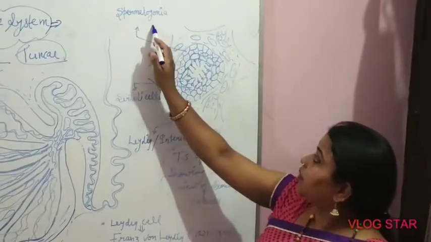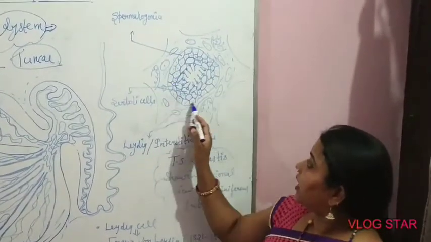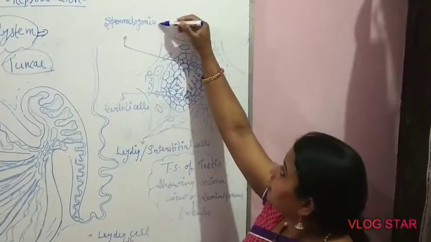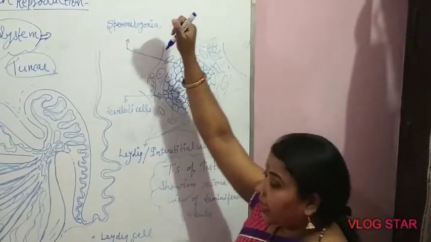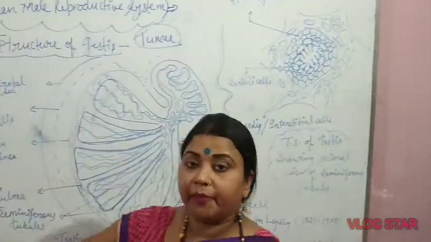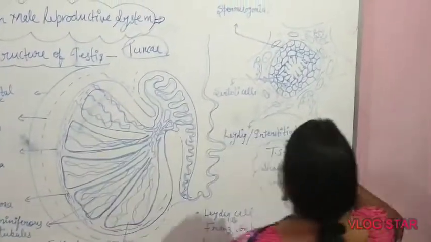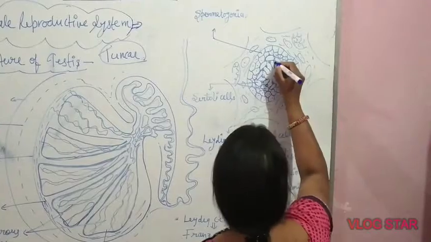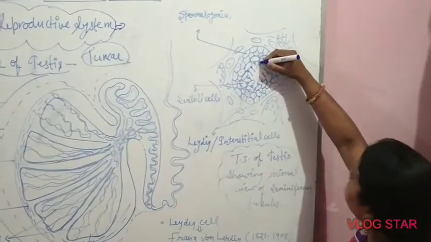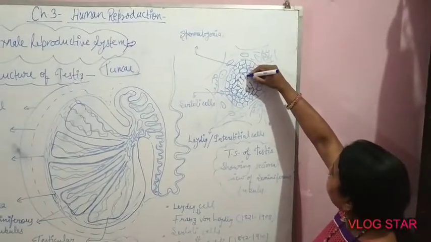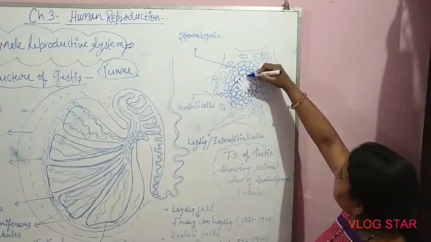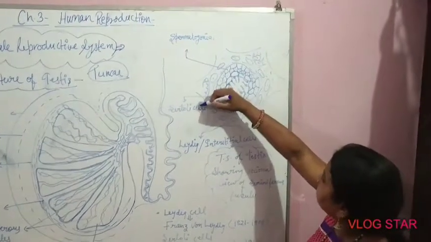Sertoli cells and spermatogonia are found inside the seminiferous tubule, and the spermatogonia, by meiotic division, produce sperms. They are called spermatozoa. These are the spermatozoa, the sperms, which are attached to the Sertoli cells.